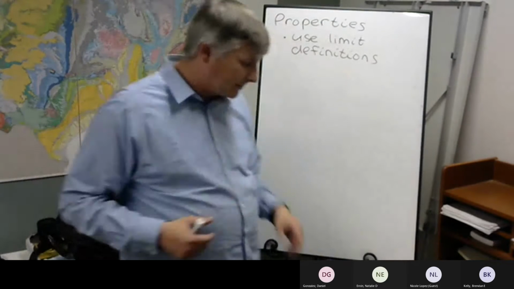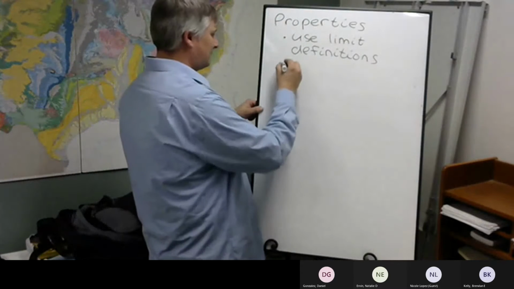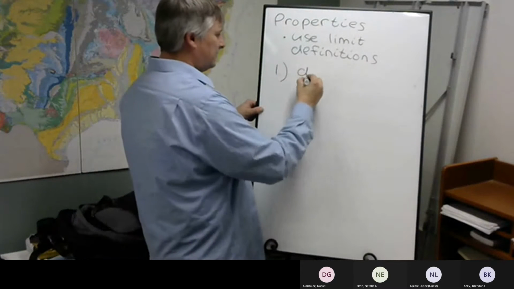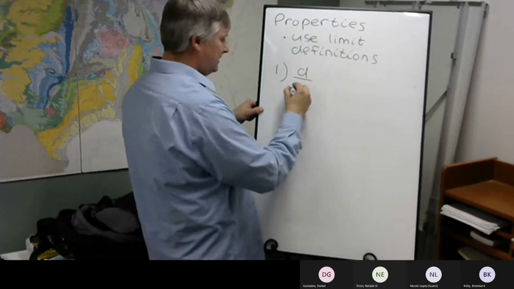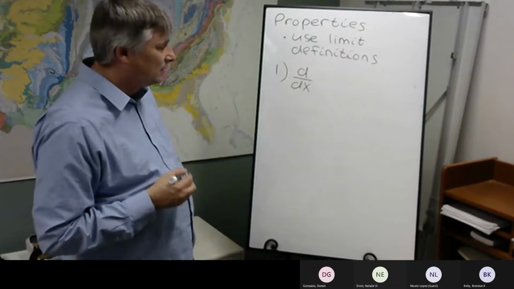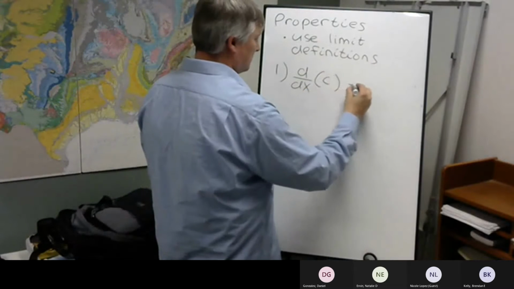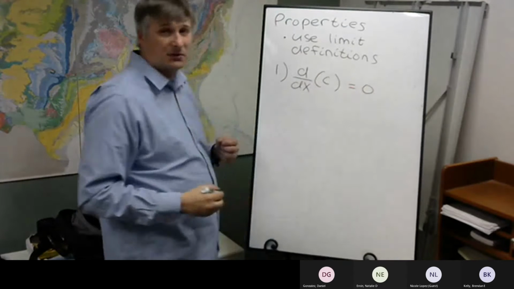But the first property is going to be this. The derivative, I'm going to use this d/dx format. The derivative of a constant is equal to 0.